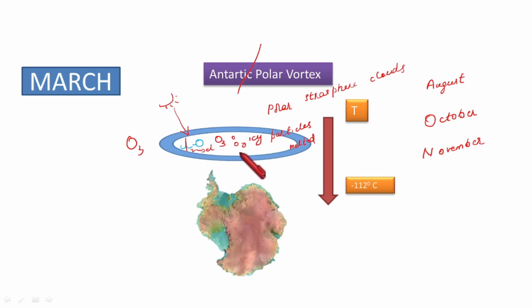In that way, the hole that formed in this area just above Antarctica is sealed off, and it stays as such till the arrival of the next March, and that entire process cycles.